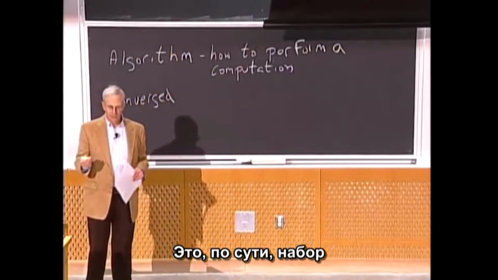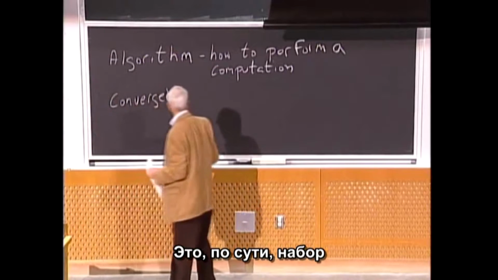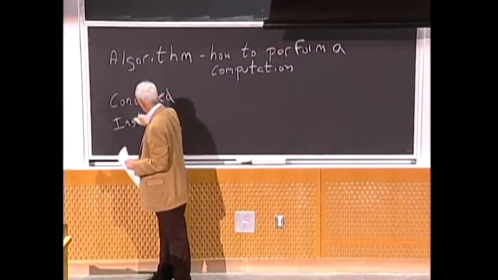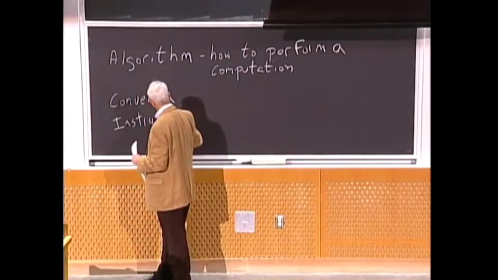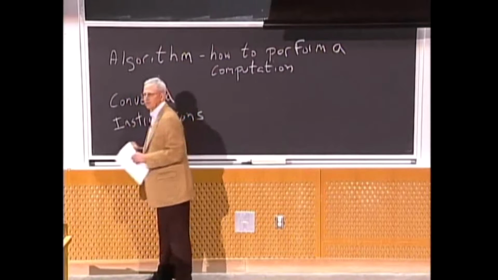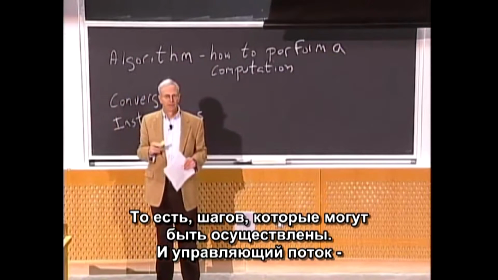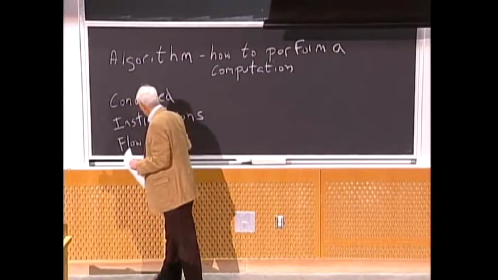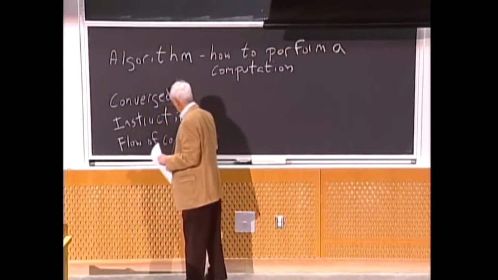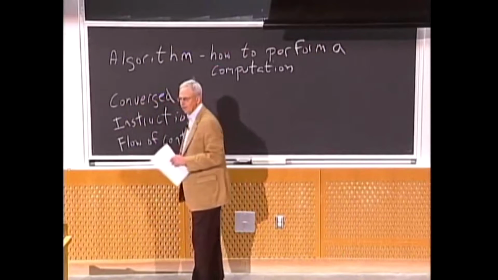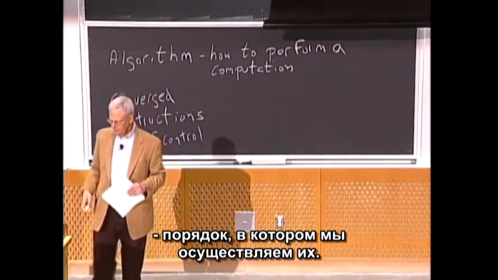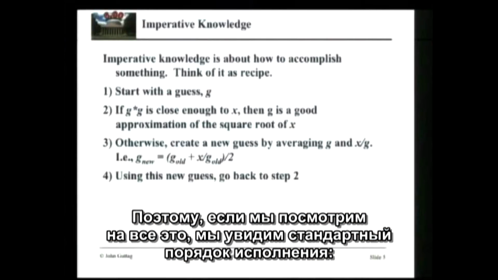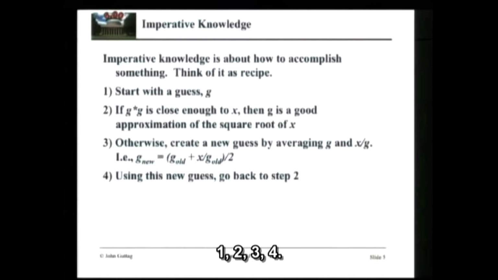What we've got here, if you think about it, is a set of instructions, steps that can be executed, and a flow of control, the order in which we execute them. So if we look at this, there's a default order of execution, 1, 2, 3, 4.